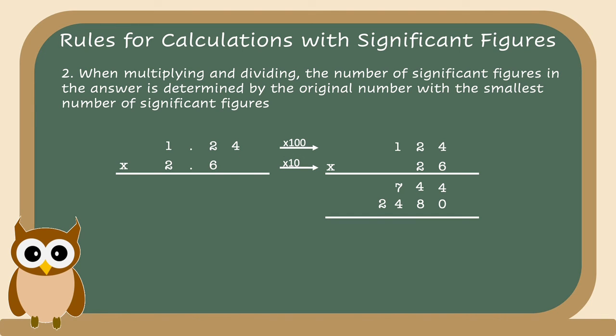Right, the last step is to add 744 to 2480. Let's just do this quickly. Yes, and this gives us a total of 3224.